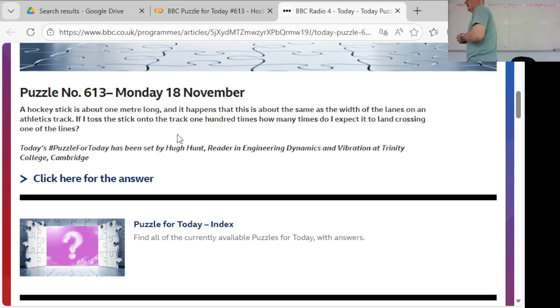Now, you can actually solve that using geometrical probability. And the first guy to do that was actually Comte de Buffon in the 18th century.